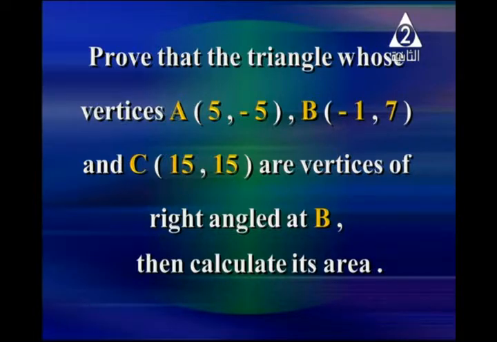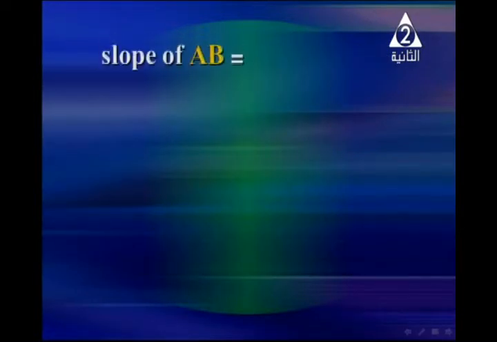First of all, we want to find that ABC is right angle triangle at B. The easiest method to prove that a triangle is right angle triangle is by using the slope of the two lines AB and BC. So at the very beginning, try to find the slope of AB.